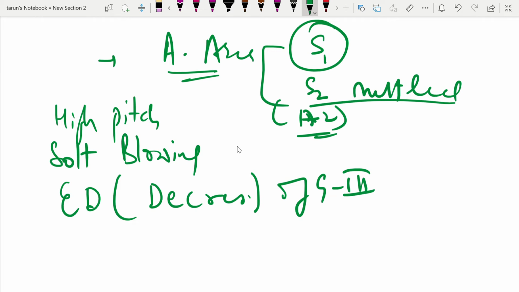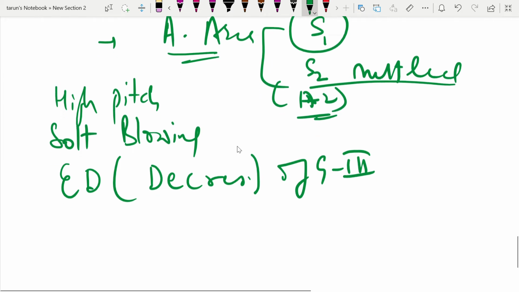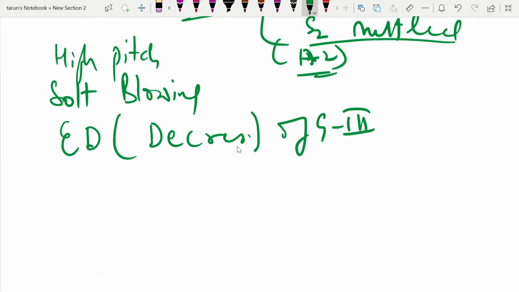The murmur radiates towards the apex and is best heard at the neo-aortic area. Left third intercostal space is the neo-aortic area. So where does the murmur radiate? It is best heard in full expiration because it is a left-sided murmur, and with the diaphragm of the stethoscope. It is a high-pitched, soft blowing, early diastolic decrescendo murmur of grade 3 intensity, best heard in sitting and leaning forward position.